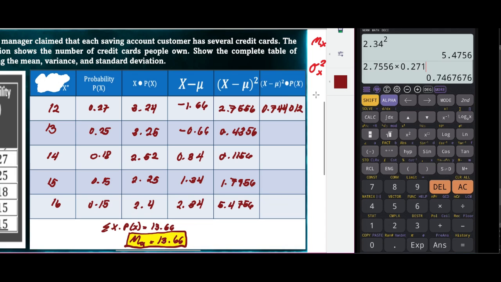Next, we have 0.25 times 0.4356. So that will be equal to 0.1089. Okay, next we have 0.18 times 0.1156.